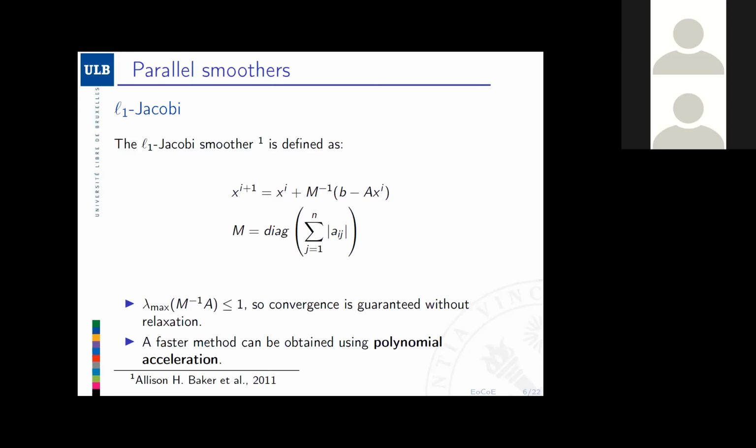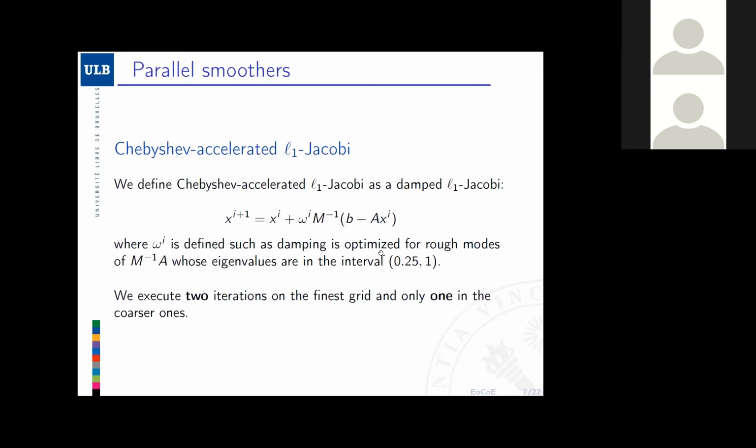Now that convergence is guaranteed, we want to find a faster method, and this can be obtained by using polynomial acceleration. So finally, we present the Chebyshev accelerated L1 Jacobi strategy, which is defined as follows, equal to the L1 Jacobi.